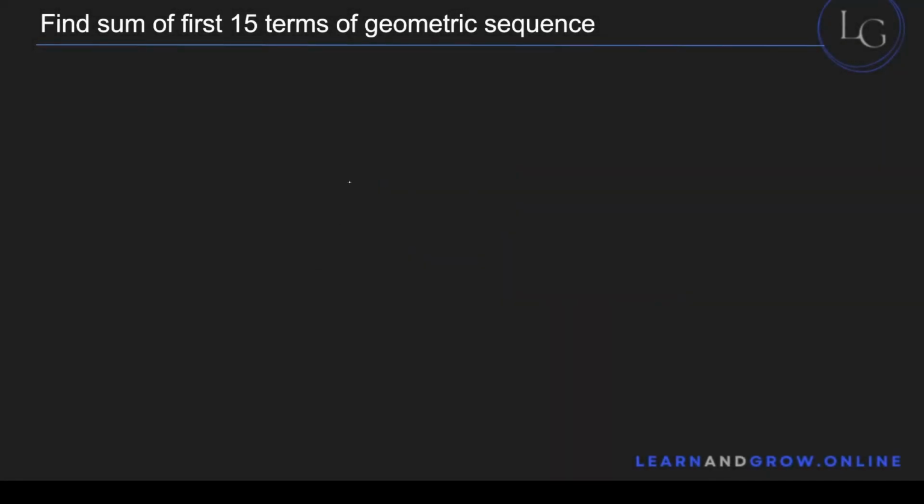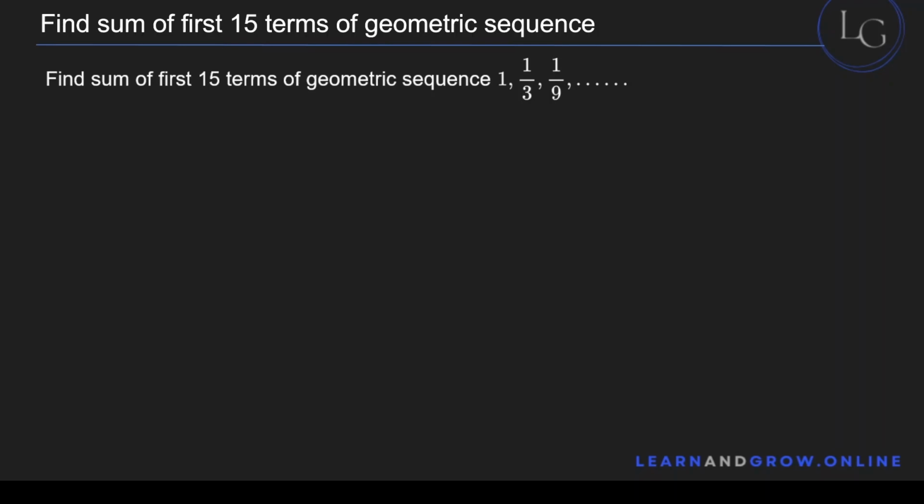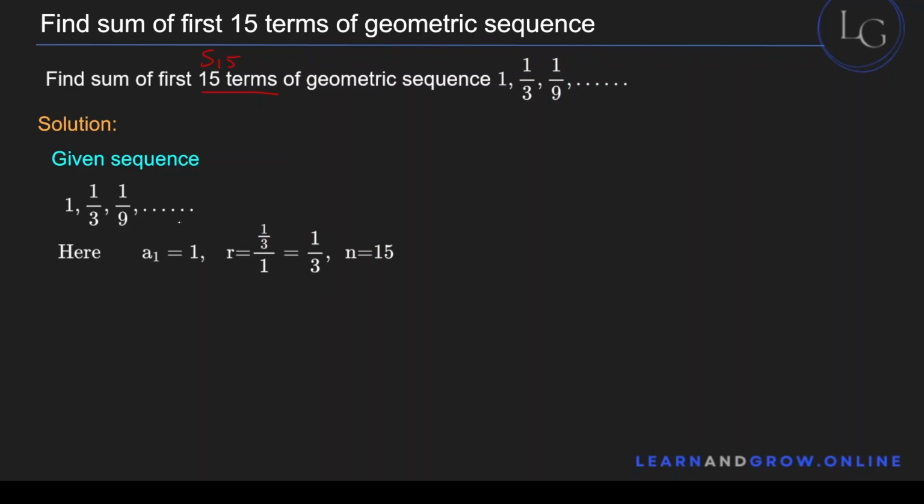So we find the sum of the first 15 terms of a geometric sequence. The question states that we have to find the sum of the first 15 terms, so S15, of the geometric sequence 1, 1 over 3, 1 over 9, and so forth. So this is the sequence given to us, and obviously the first term is 1, so a1 is equal to 1.